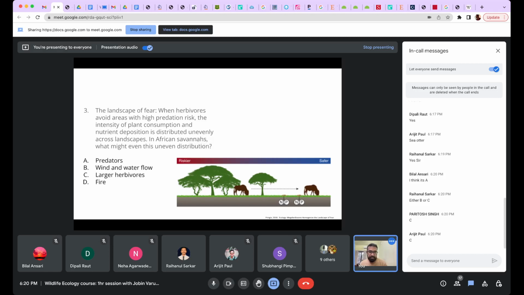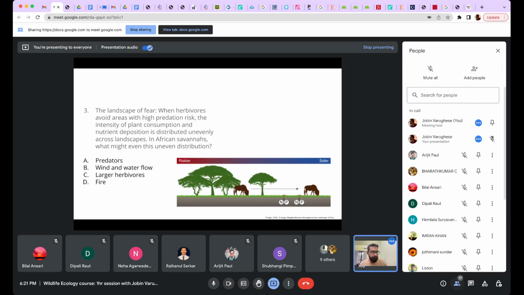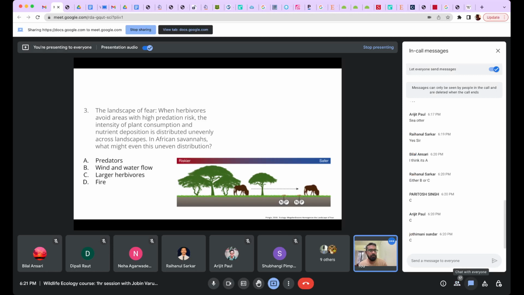Okay, I see large herbivores, Arjit says. Nice. Somebody raised the hand. Who do you want to speak? I can't see. Okay. Is anyone wanting to talk? No. Okay.